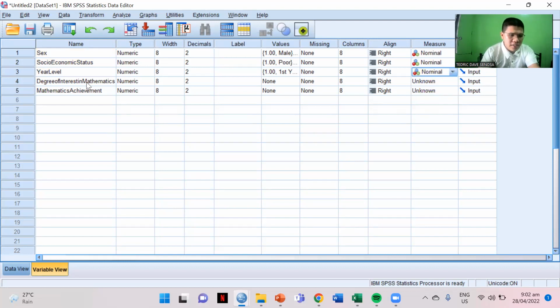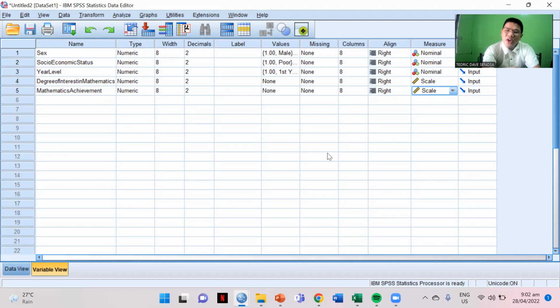The degree of interest in mathematics is in mean value, and the mathematics achievement is in terms of grades, so both of them are in scale measure. Okay, all categorical data will be nominal, the degree of interest is the mean, and mathematics achievement is the grade, so it needs to be in scale or continuous level.